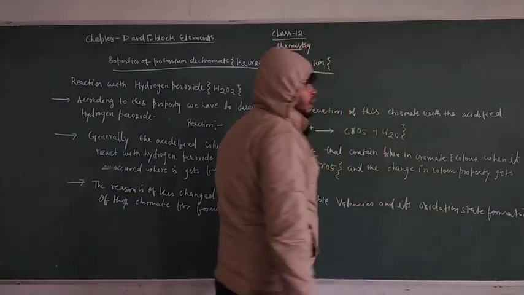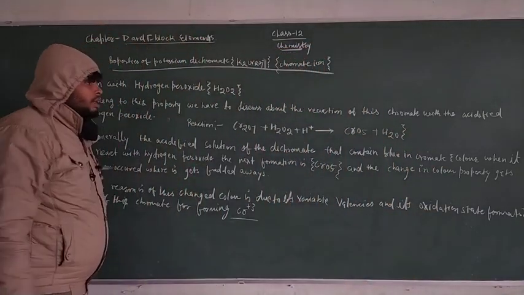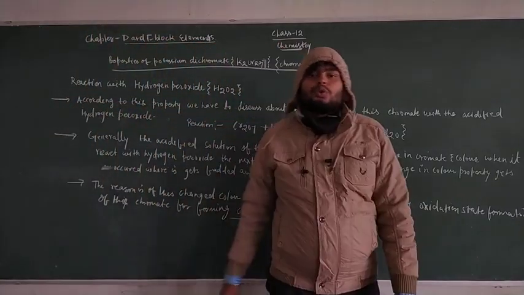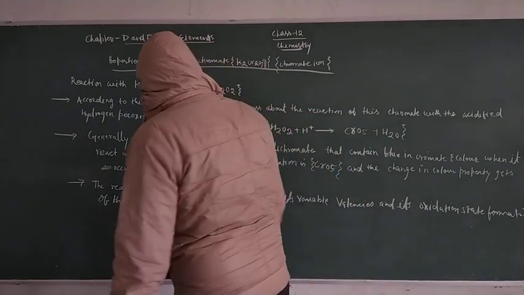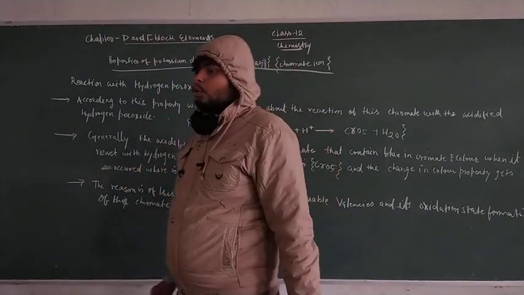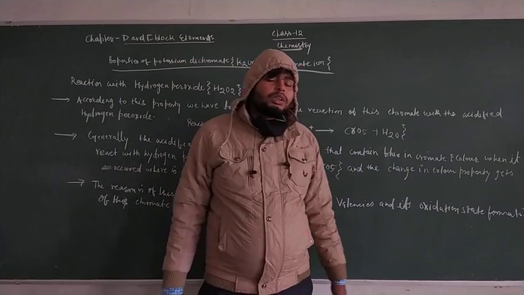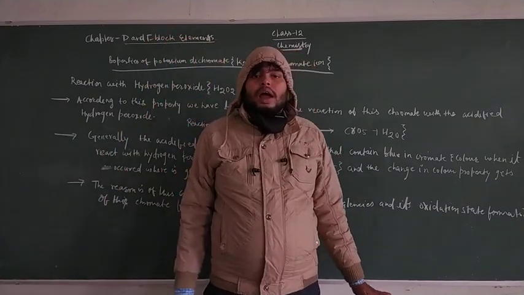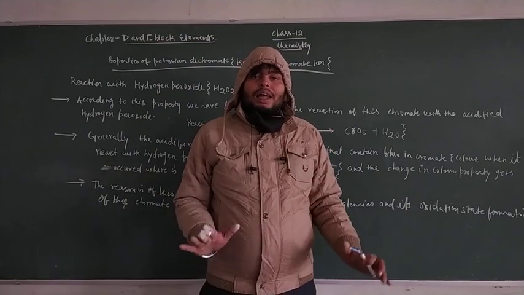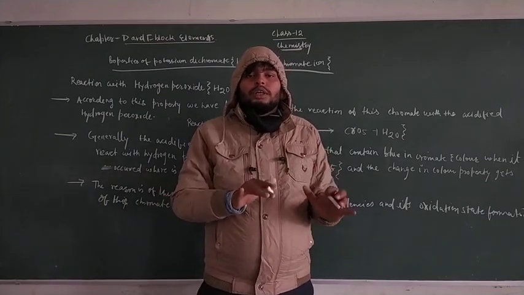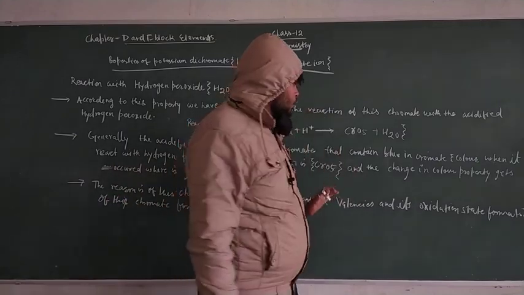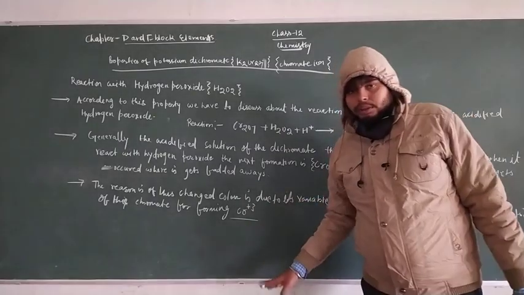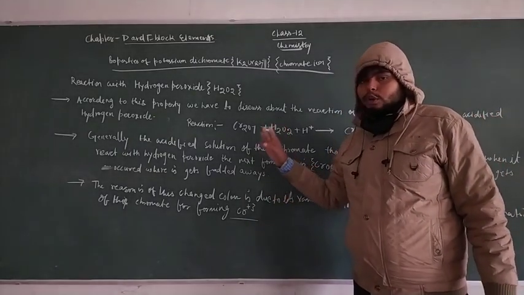So this is our reaction regarded as the property in terms of the combination with H2O2. So, guys, you have to know the mechanism, what changes are applied in the reaction, and what products are formed. So take a screenshot of this. After that we have to discuss another property of this dichromate formation.